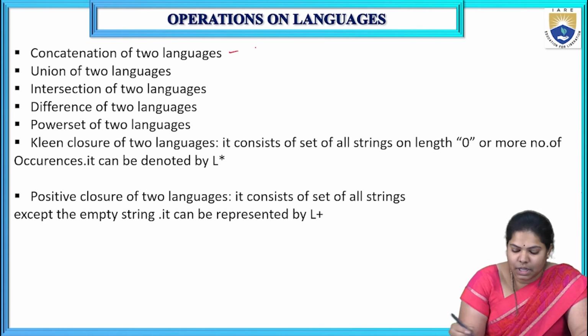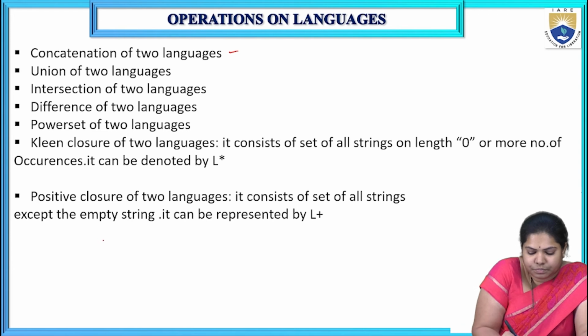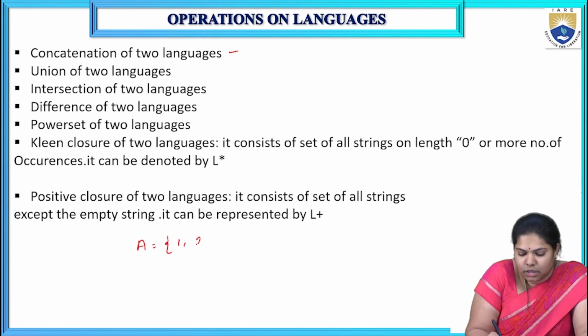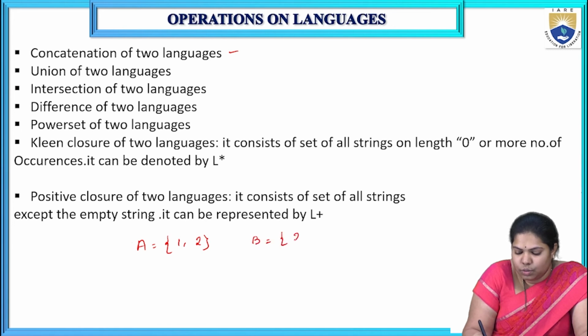Let us take two languages: the language A equals 1 comma 2 and the language B equals 2 comma 3.